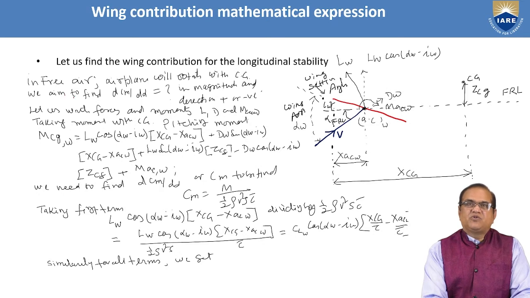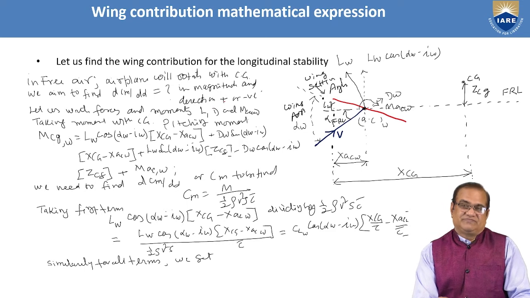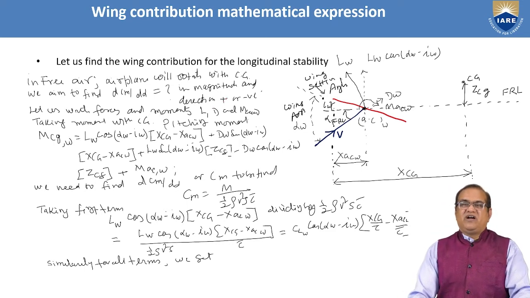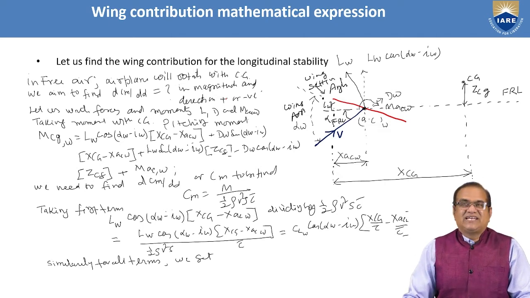We aim to find dCm by d alpha. What will be the dCm by d alpha? That is our objective, in magnitude and direction. Not only the magnitude, the direction is also needed: dCm by d alpha, or Cm alpha, we have to find out, with the direction, whether it is positive or negative.